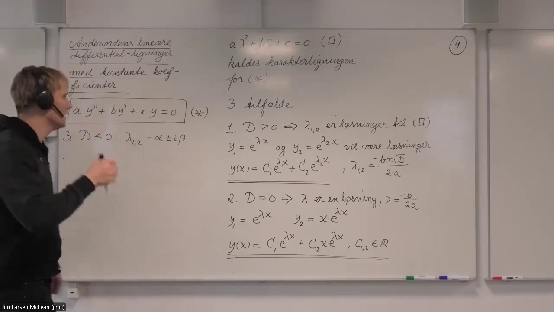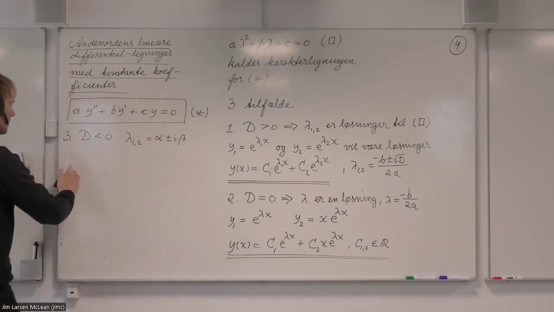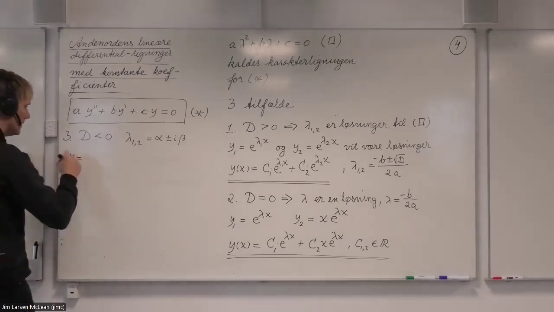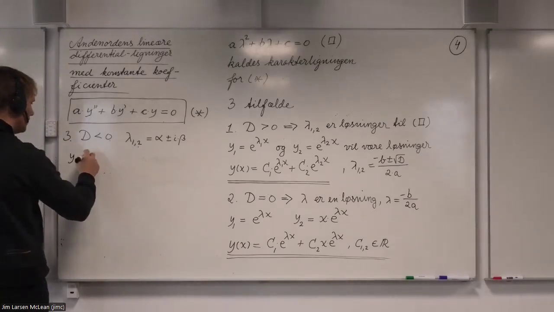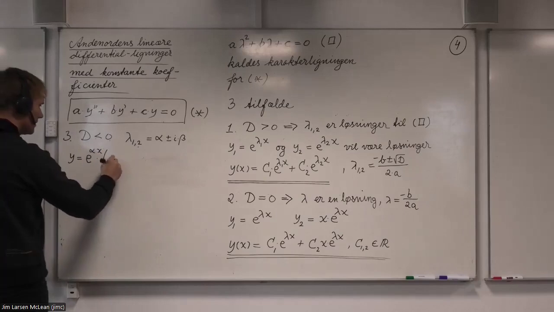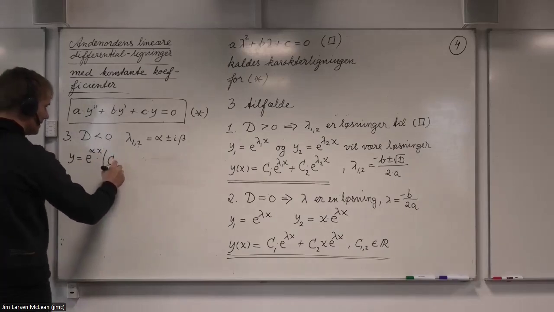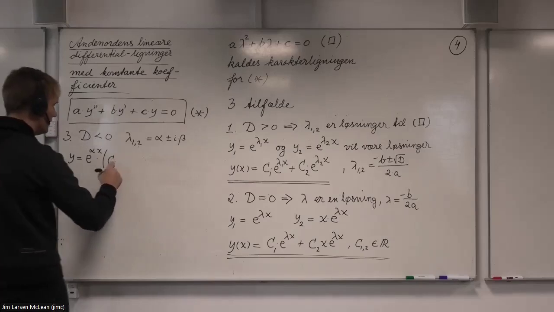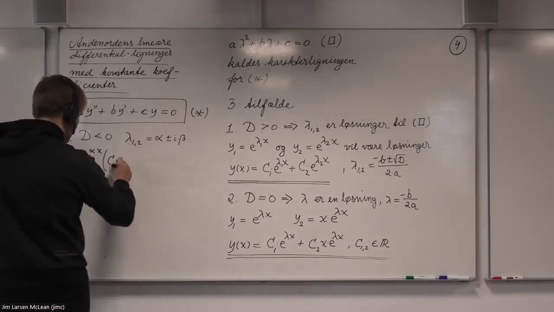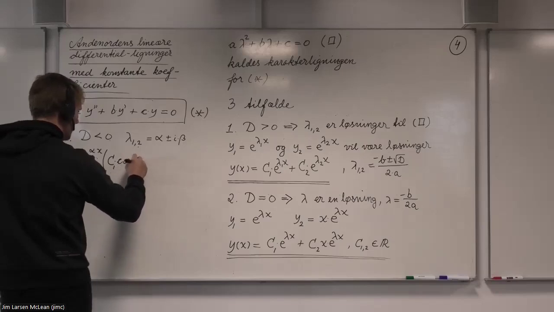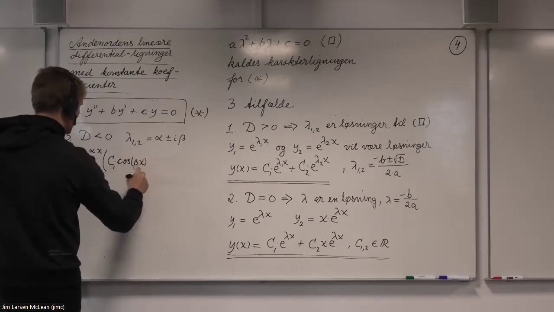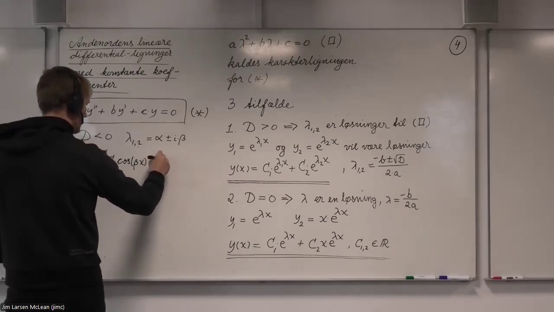If you are in that situation, the complete solution looks like this. It becomes e to the power of alpha x, multiplied by parentheses, C1 times cosine of beta x plus C2 times sine of beta x.